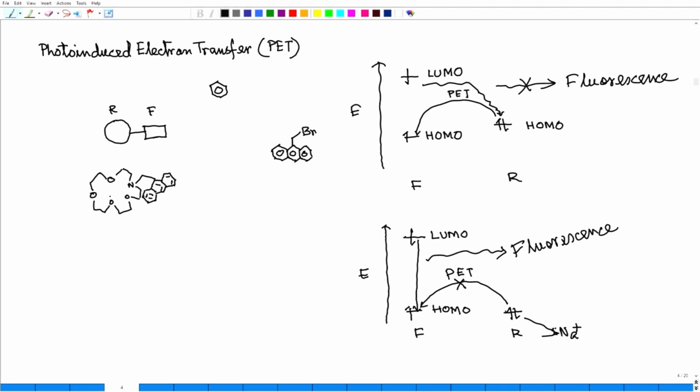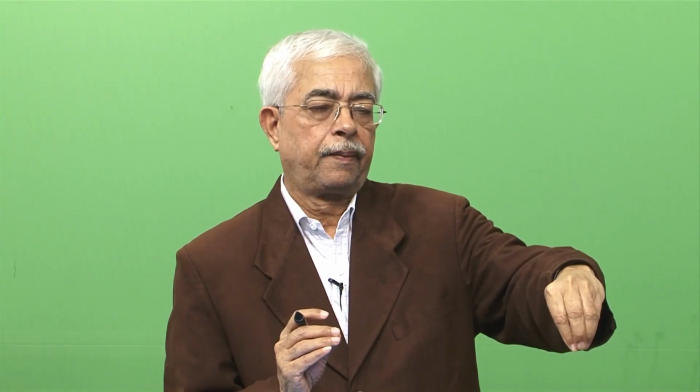This is on a microscopic scale, I cannot see it. On that microscopic scale, I find an analyte, in this case the sodium ion. It enters and then I see a strong fluorescence peak. And if my macrocycle is empty, then if I excite, I do not see any fluorescence.